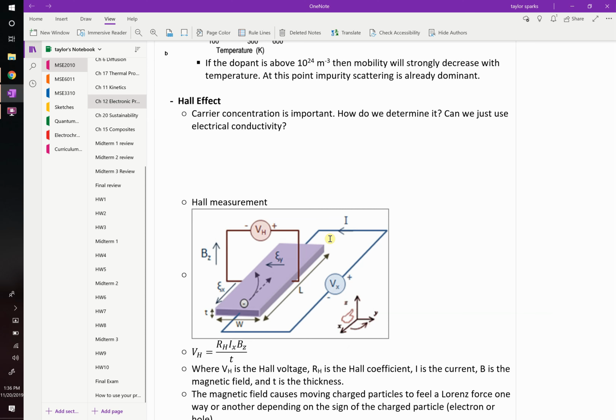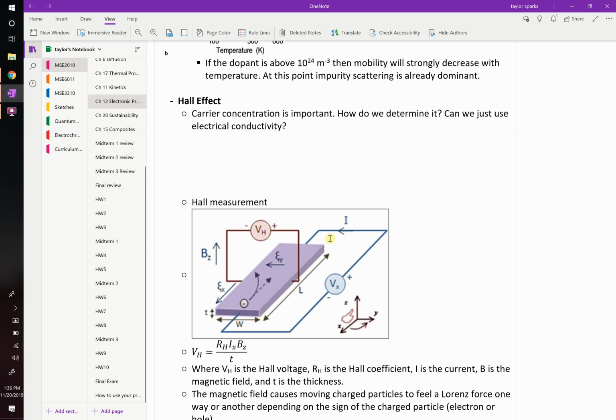So you'll literally see, if you take a multimeter, something that can measure voltage, and you put it here and here on your sample, you have a battery here causing a current to go through your sample. You have a magnetic field. You will see a voltage right here spontaneously appear. You guys not amazed? This is really clever.